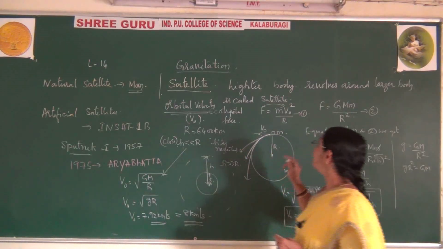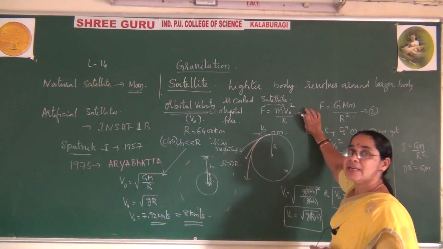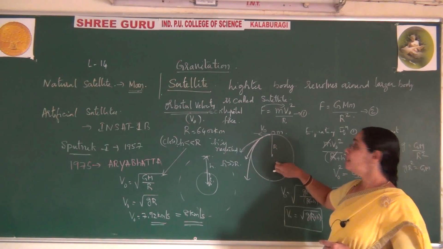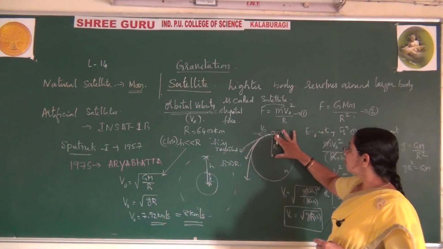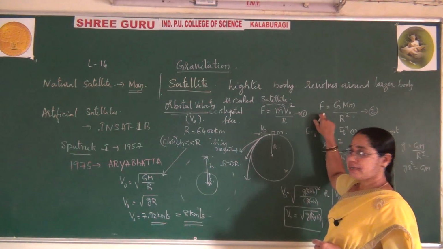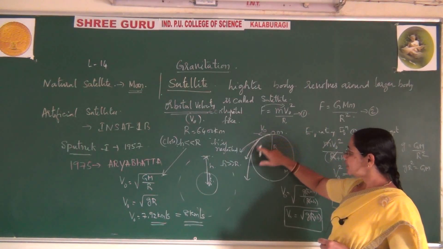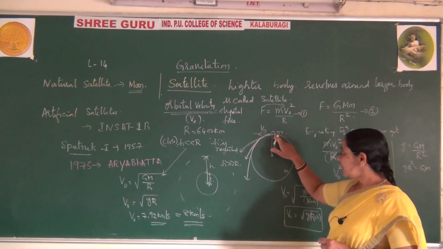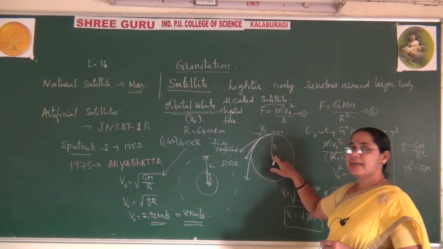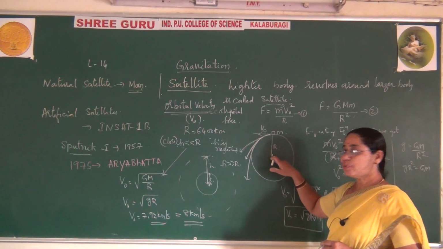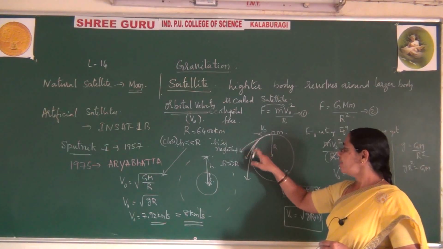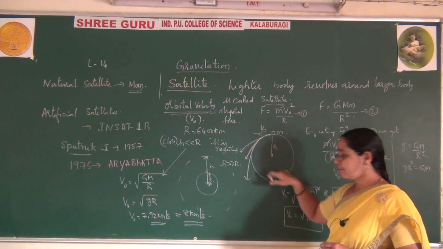At that time we take the first condition, the centripetal force, due to which it will be moving like this, and because of the gravitational pull we also have a force of attraction between them. By chance, if the object is moving straight, because of this gravitational pull it is always pulled towards the center, hence it will never move straight, it will move tangent to the surface.